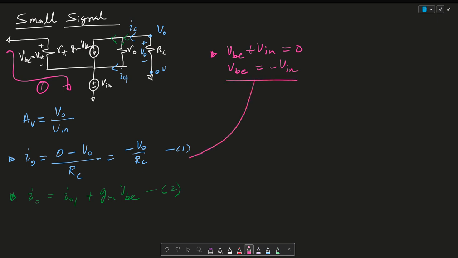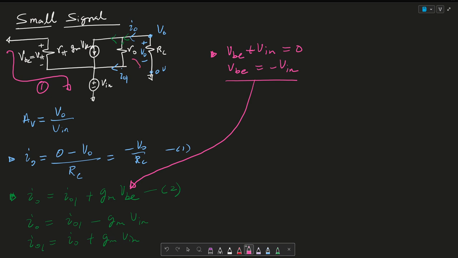Using this, I'm going to plug this into here, and I'm going to rewrite my IO as IO1 minus GM VN. And lastly, I'm going to write IO1 as IO plus GM VN. All right.